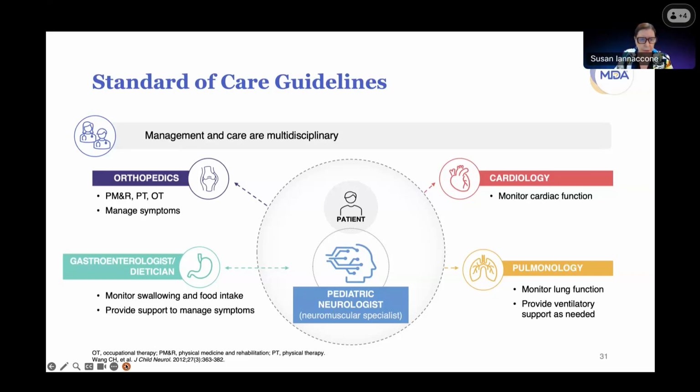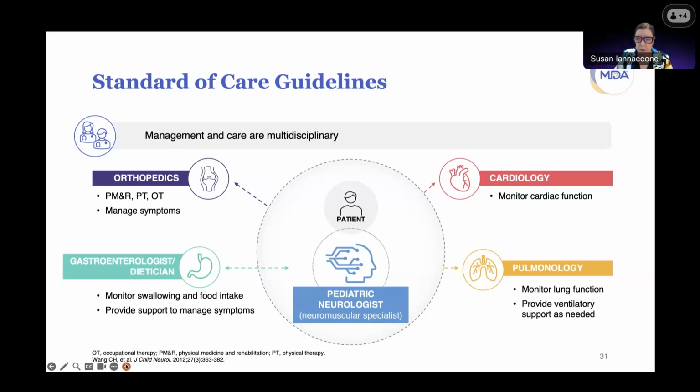So we have four categories here. Under orthopedics, we include PT and OT, which are generally used to manage symptoms. And then we have gastroenterology and nutrition, because many of the patients have difficulty swallowing and difficulty maintaining body weight.